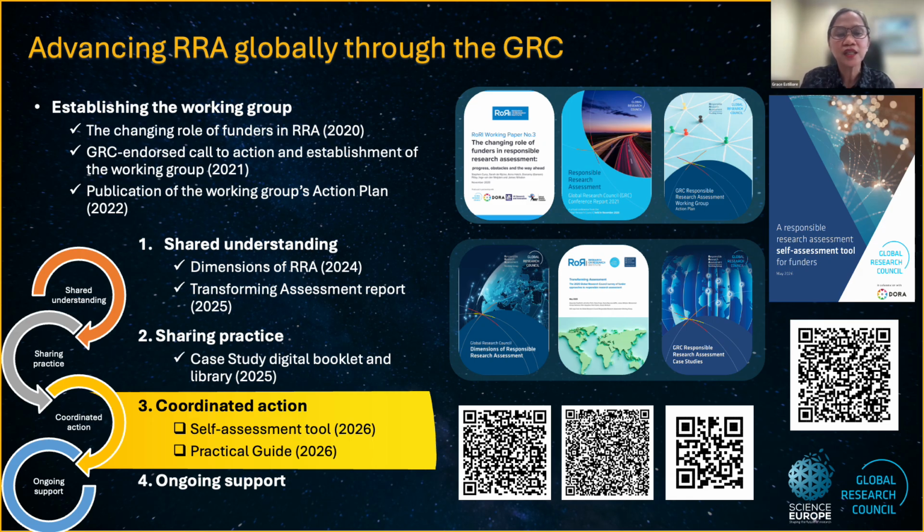Now, in the coordinated action phase, the RRA self-assessment tool and DORA practical guide support funders in reviewing practices, identifying gaps, and planning next steps. Finally, this work is supported by ongoing peer engagement, shared learning, and continuous improvement, reinforcing the GRC's commitment to fair and transparent research assessment worldwide.